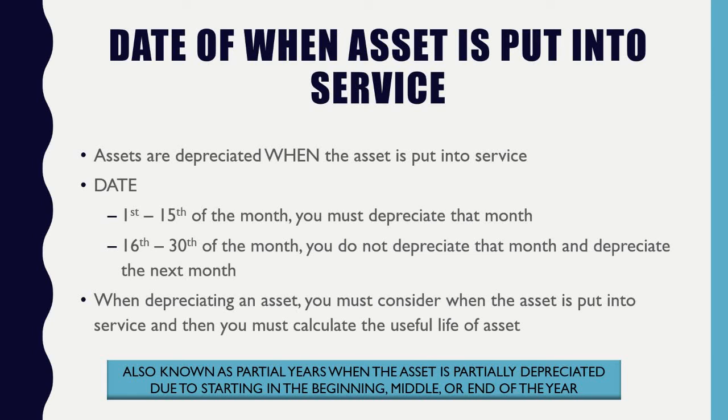If you place it anytime after the 16th through the 30th or the 31st, then you can assume you didn't really use it much. You used less than 50% of it. Then you can go ahead and depreciate it the following month. Okay? Does this concept make any sense? Okay? Yeah, it makes sense.